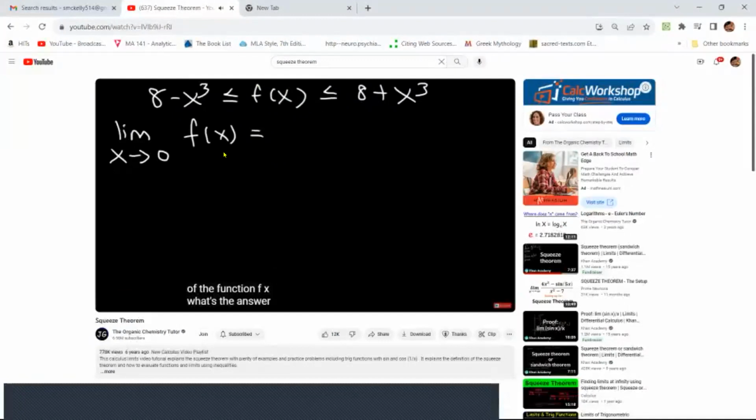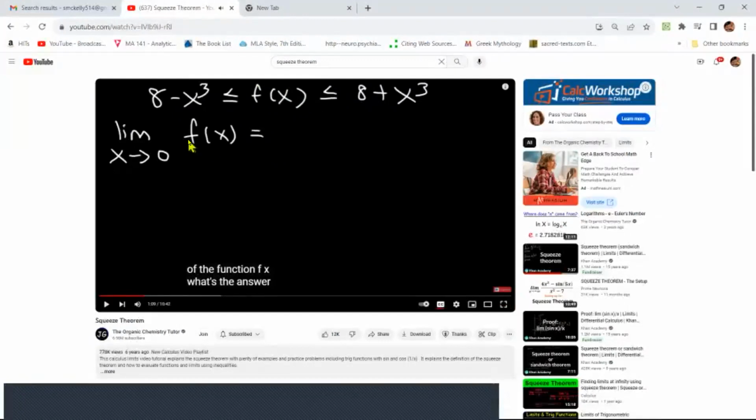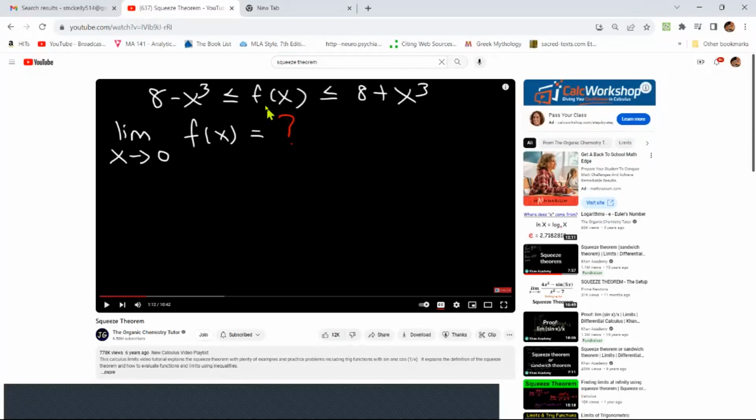Now he wants to know what this is. Because you have 8 minus x to the cube, think about it like this. Here's where we're going with this.